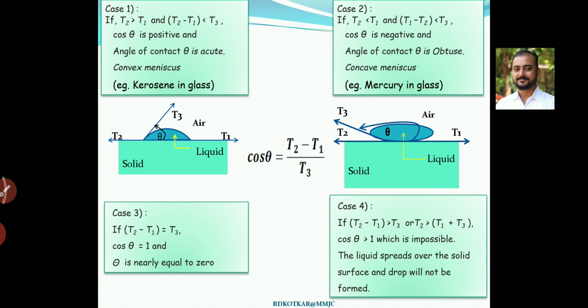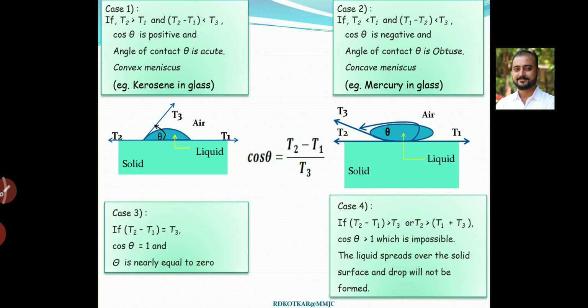Case 4, what is that? T2 minus T1 is greater than T3. Now observe, out of all these cases, this is different. In the previous cases 1 and 2, the numerator is smaller and the denominator is greater.